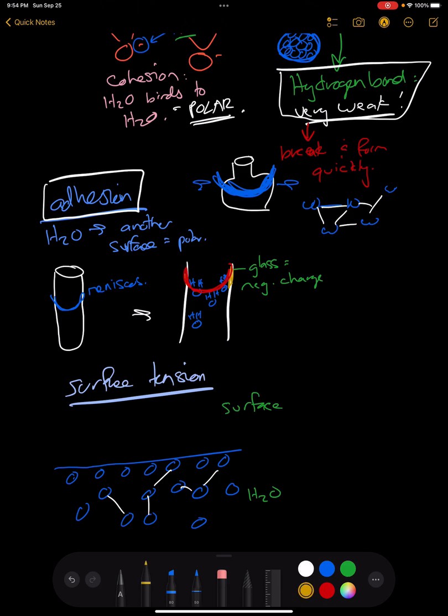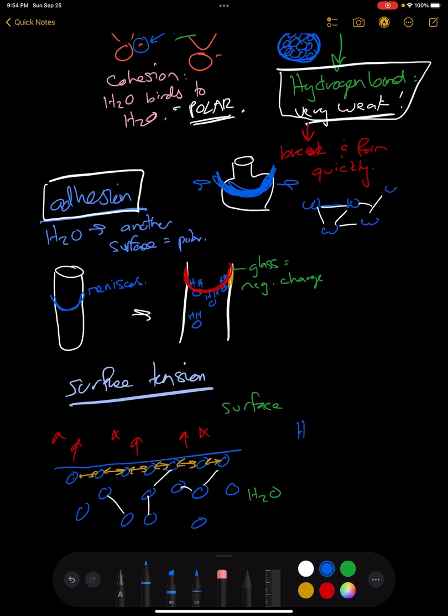But when you start to look up here at these water molecules, they don't have anything to interact with above them. And because they don't have anything to interact with above them, that means the hydrogen bonds that form between these water molecules actually become super close together.